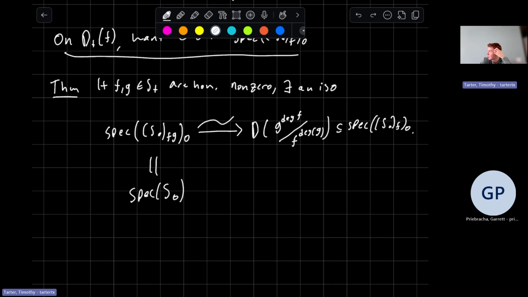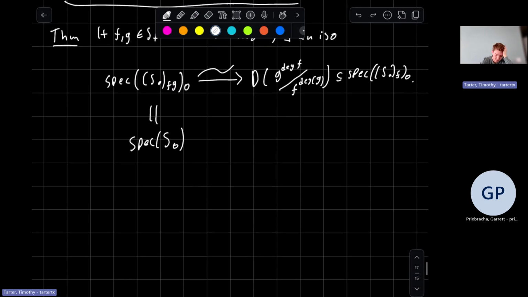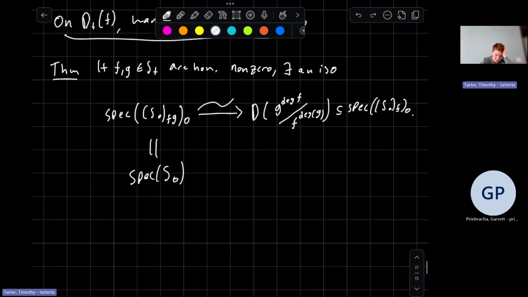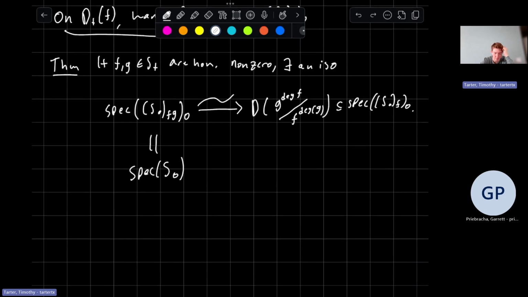But it is, so that's good. Okay, so then we're sending prime ideals of the base over to non-vanishings of G of some rational thing.